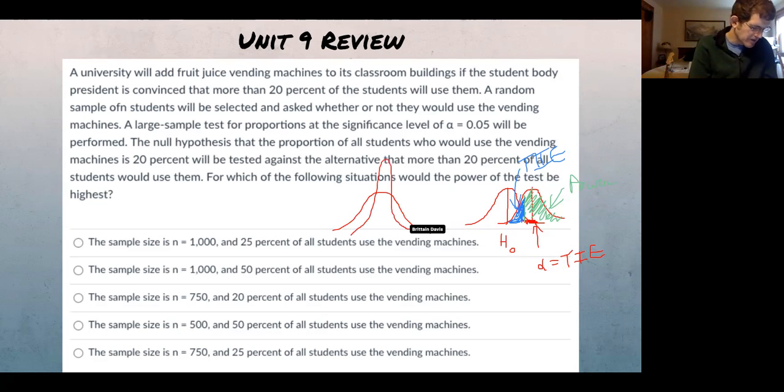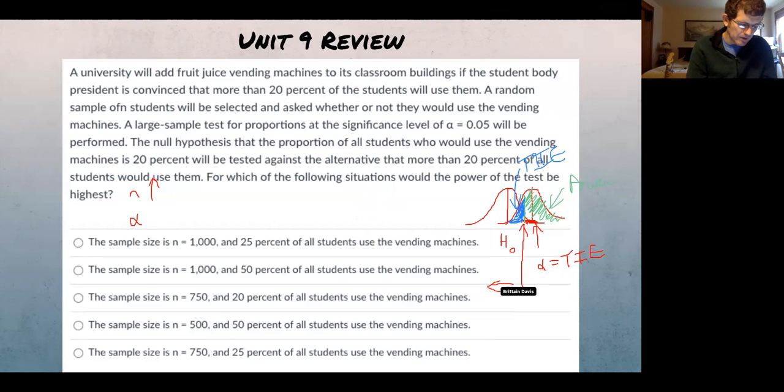So increasing the sample size would be a good thing to do. We could increase the significance level, because what that would do is push this line right here further to the left. And by doing that, the power region will get bigger. All right, so the alpha level could go up.